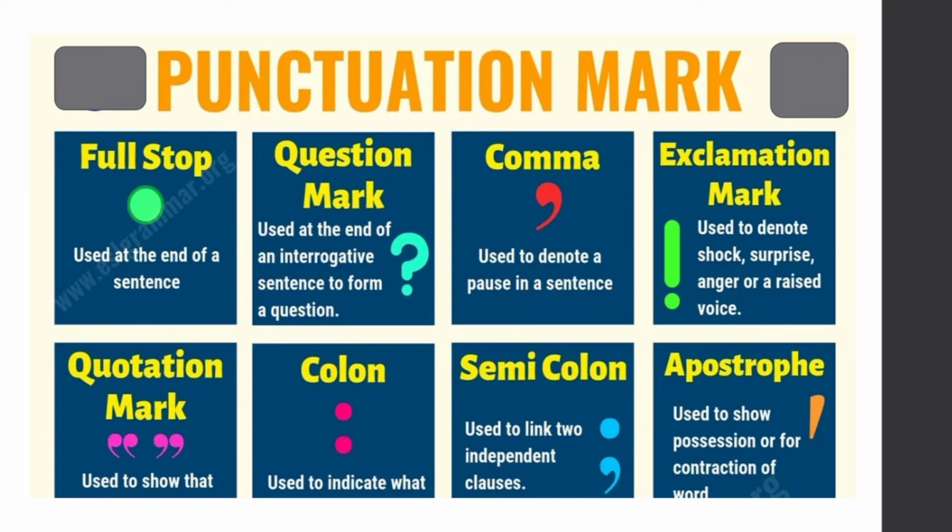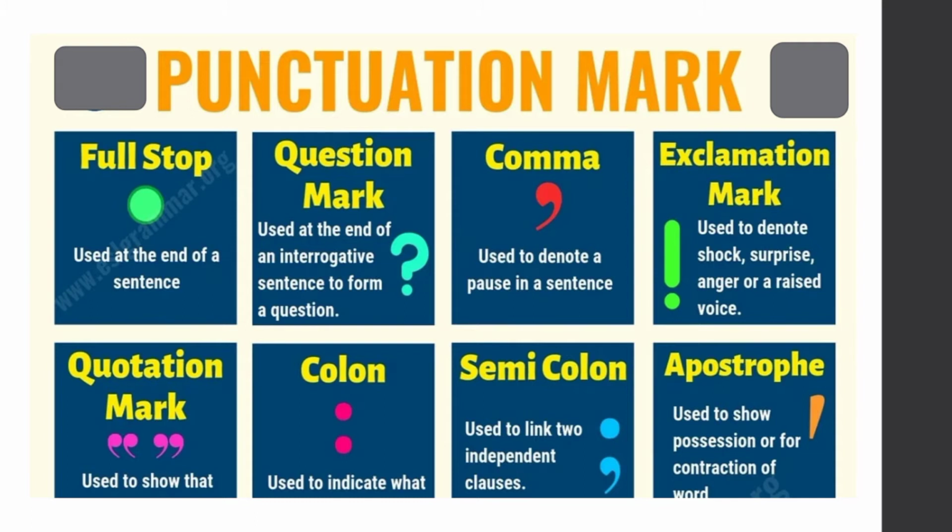Full stop. Where are you going to use a full stop, children? Yes, at the end of a sentence, is it not? Then question mark, used at the end of an interrogative sentence to form a question. This also you know. Then comma, used to denote a pause in a sentence.